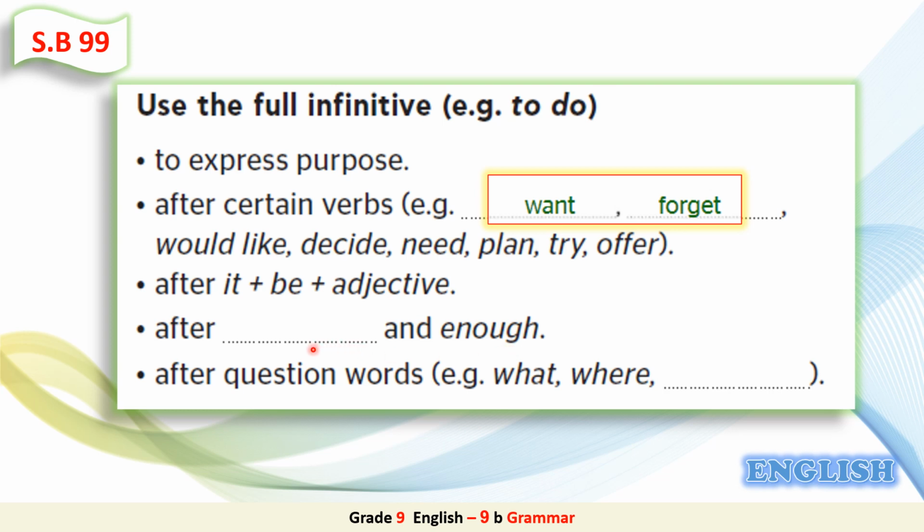Now look at the examples again in the previous slide and try to complete this rule. Yes, what do you think? Great. After too and enough. And the last use is after question words, for example, what, where, and how. Well done, students.